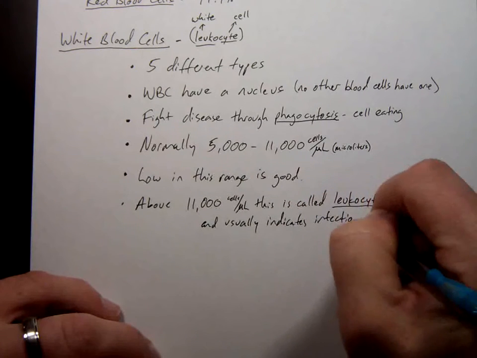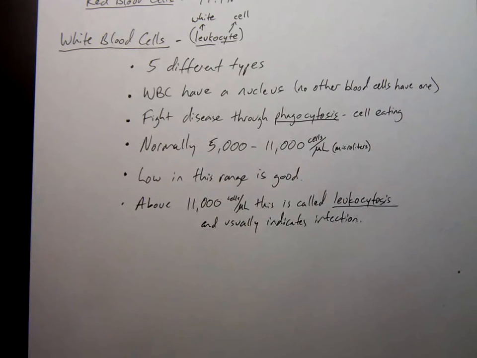If they don't know what's wrong with you and you go to the doctor, they'll a lot of times do a blood test. And this is one of the main things they test for. If you have an elevated white blood cell count, it means you're fighting some sort of bacterial infection, even if they can't find it or figure out what it is or where it is.